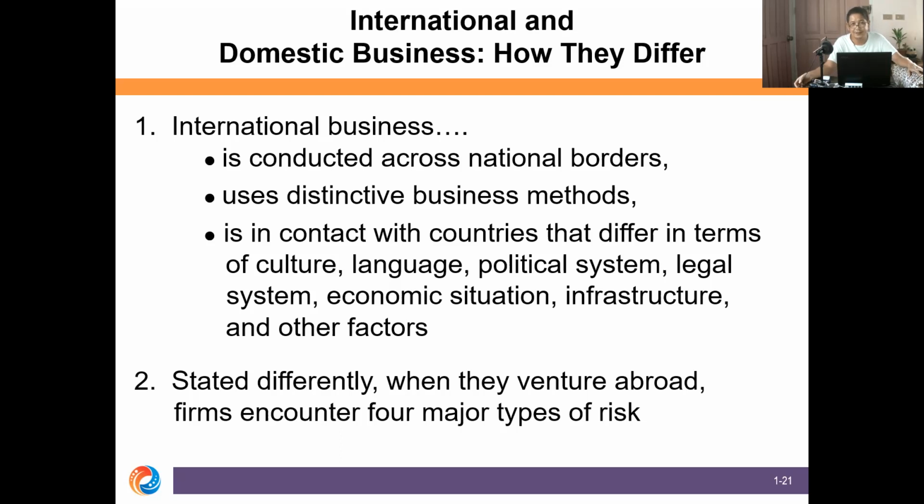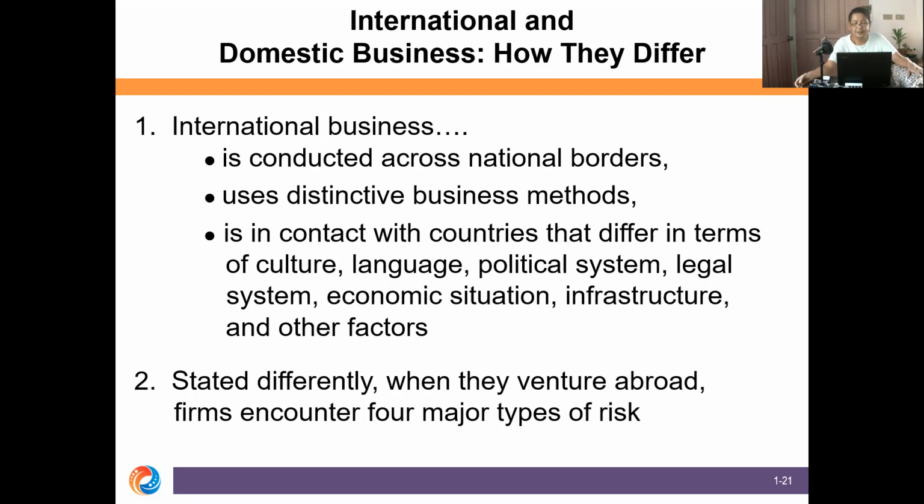You have to consider that. The contract is stated in Japanese language. Okay? The political system, grabe to. If you're transacting in China, you have to consider the culture and the political system and even the legal system and the economic situation.